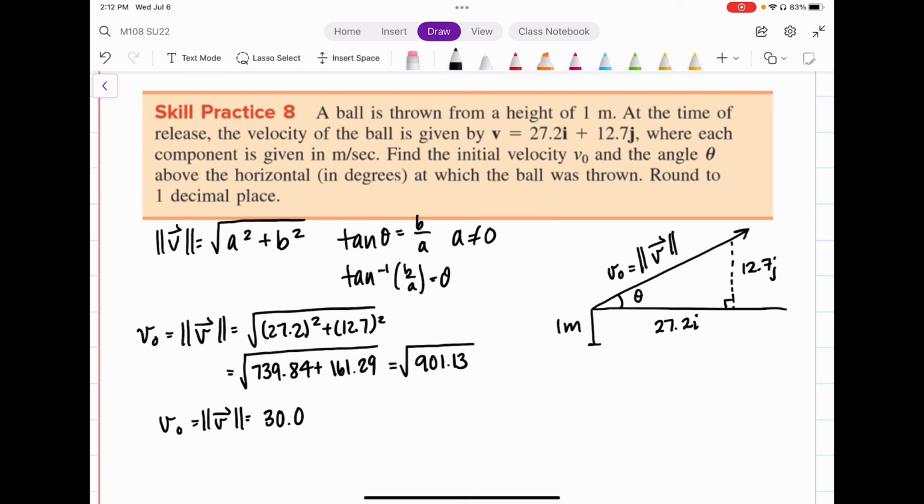And our velocity is measured in meters per second. Theta is equal to the inverse tangent of our b term of 12.7 over our a term of 27.2. You need to make sure your calculator is in degrees. Evaluating the inverse tangent on the calculator, we get that theta to 1 decimal place is 25 degrees.